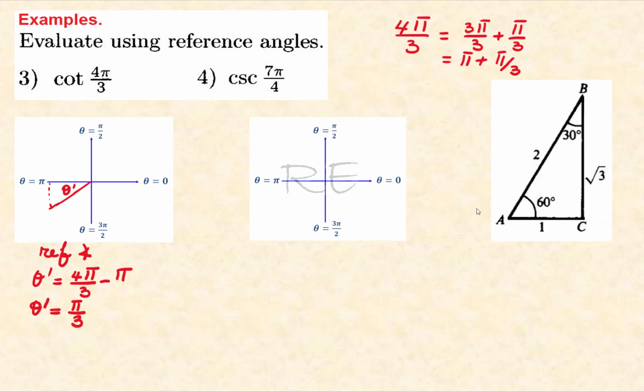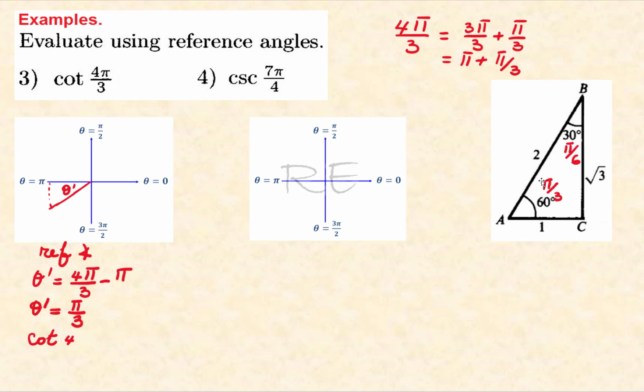Now, cotangent is positive if the angle is located in the third quadrant. Cotangent is cosine over sine.